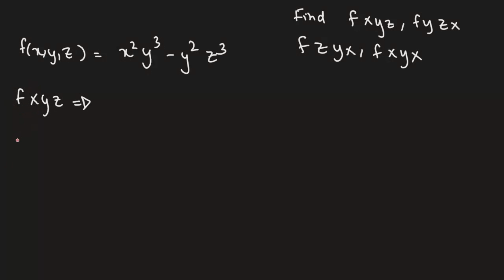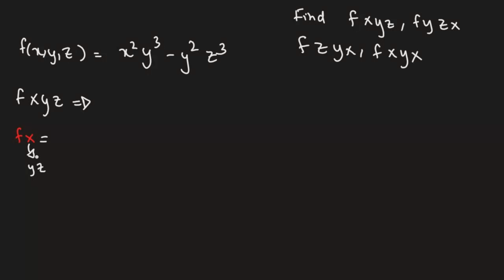Now we are differentiating this with respect to x, and of course y and z both are constant, because if we are differentiating with respect to one variable, we keep all the other variables as constants. So when differentiating with respect to x, what other variables are left? y and z, right? So we're keeping them as constant.